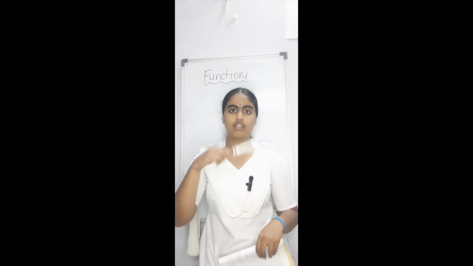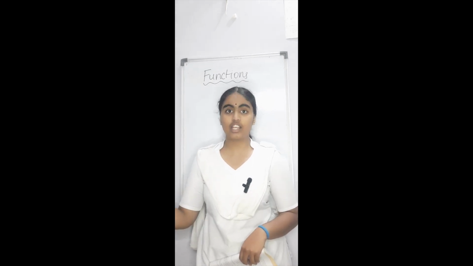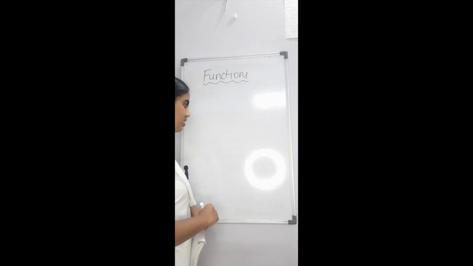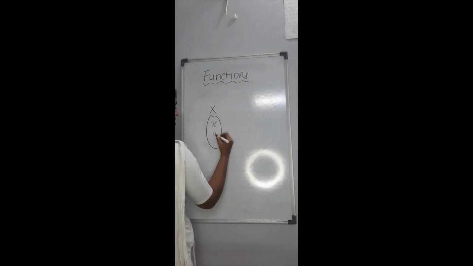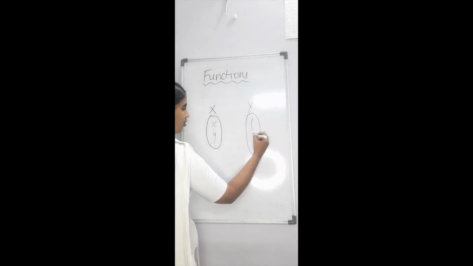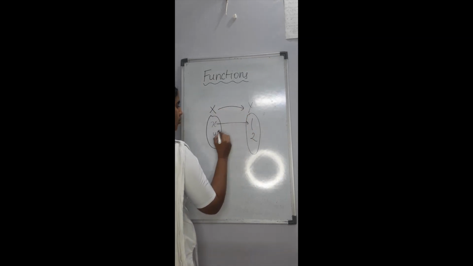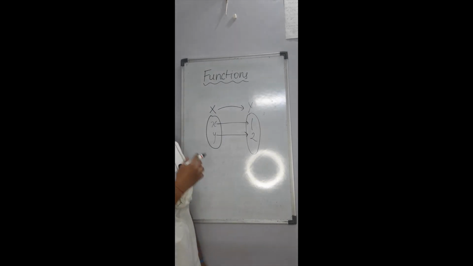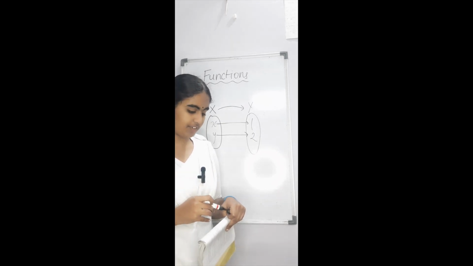For example, if x was a set of elements x and y, and y was a set of numbers, say 1 and 2, and the function was defined from x to y, with x related to 1 and y related to 2, this would be the most basic way of representing a one-one function.